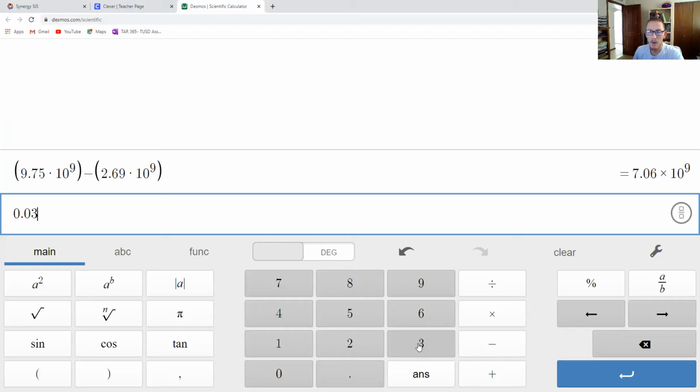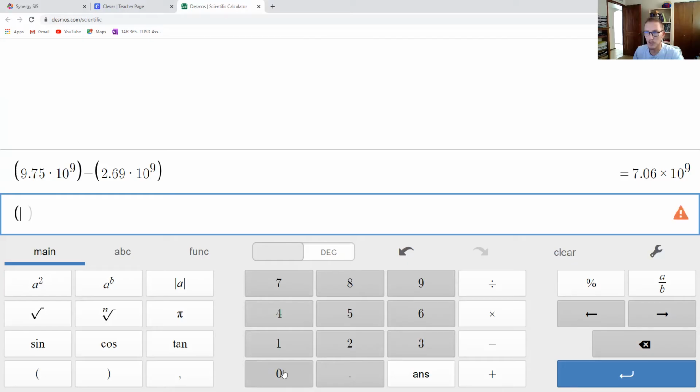Now remember, I want parentheses, so I'm going to backtrack here and delete those. Even if it's not in parentheses on the screen, I would encourage you, anytime you're doing an operation, put the number in parentheses. If we're doing scientific notation, you're going to have far fewer mistakes using the calculator.